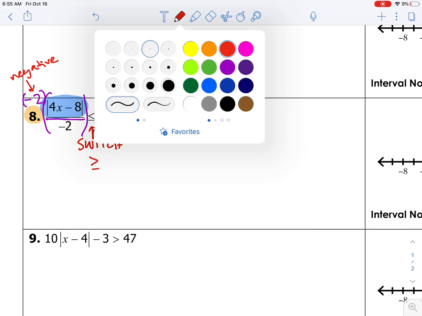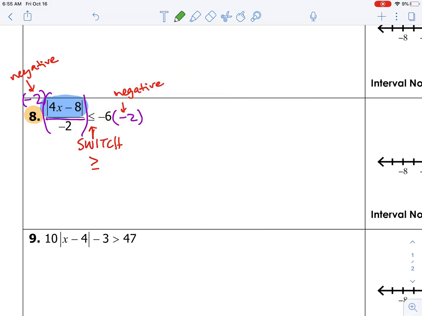I need to make it a greater than or equal to symbol. So over here on the left side, the negative 2 over negative 2 cancel out because negative 2 divided by negative 2 is 1, and we don't need that 1. So all we have left on this side is the absolute value of 4x minus 8. Negative 6 times negative 2 is positive 12.